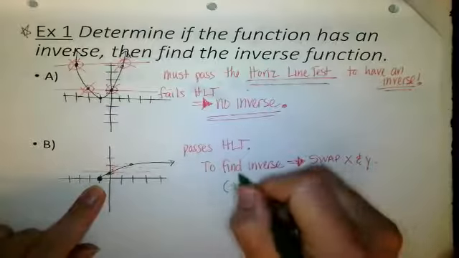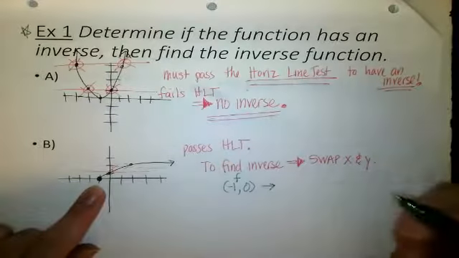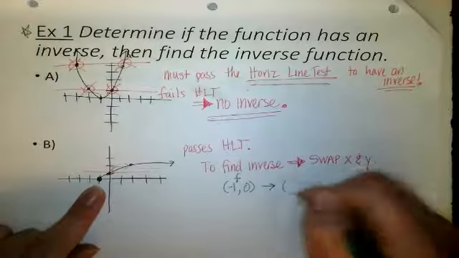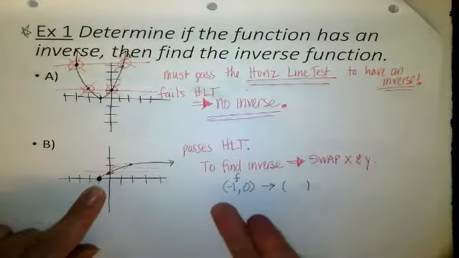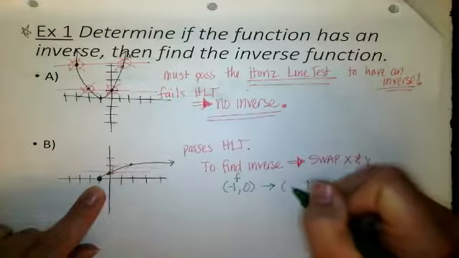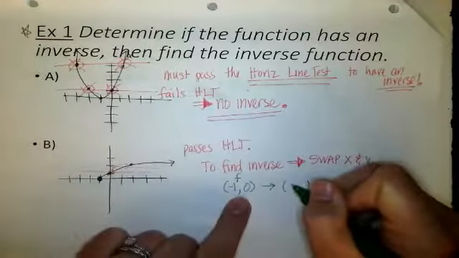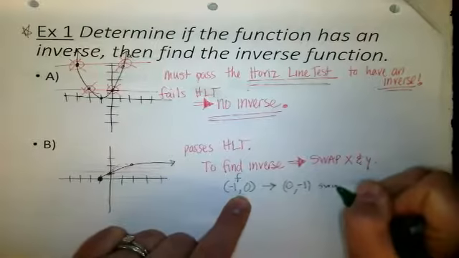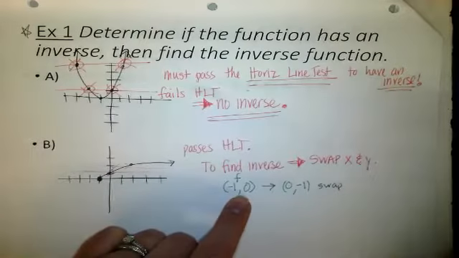That's on the original function f. And I want to get the inverse. All we have to do is trade places. So -1, 0 is just going to trade the x and y. Trade places, what do you get? 0, -1. That's the swap. All right, all it does is trade places.